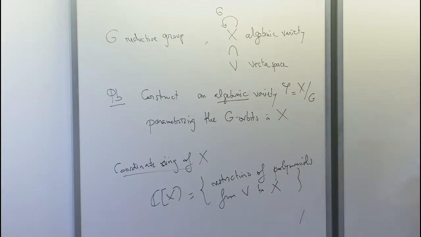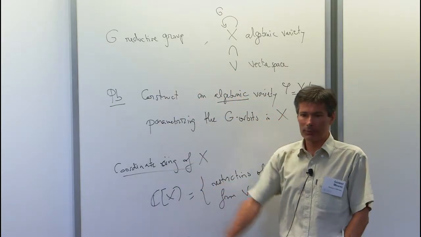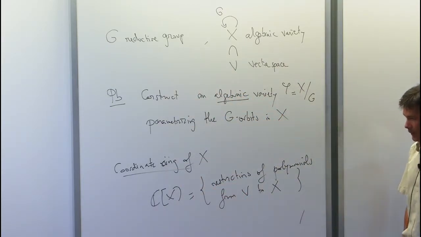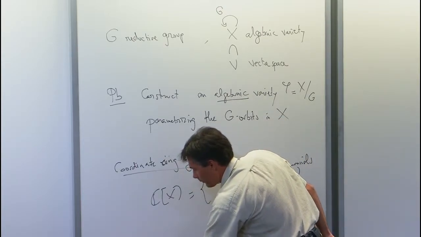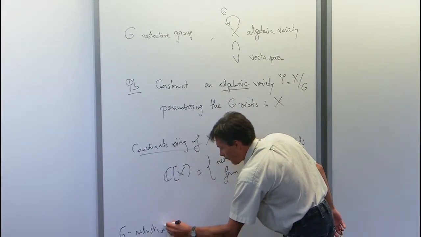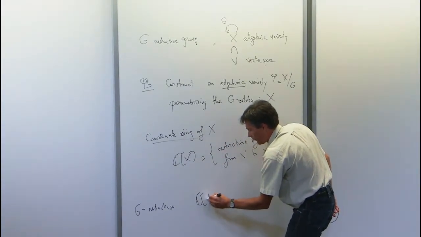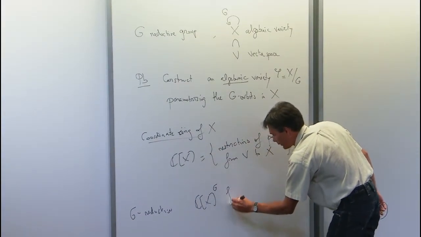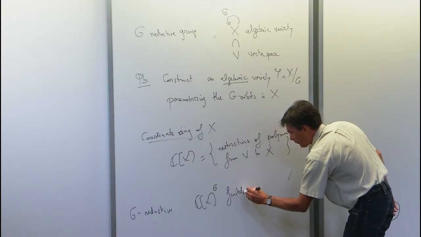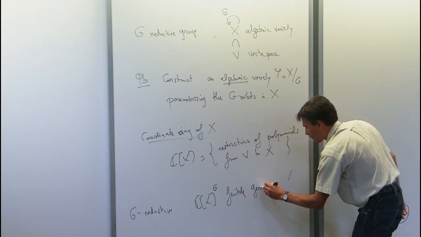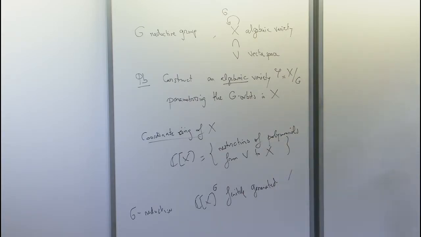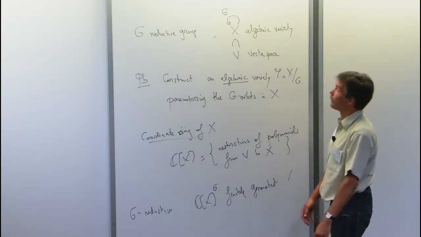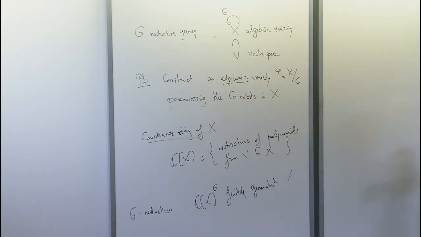By extending the results of Hilbert on finite generation, it follows that if G is reductive, then the invariant algebra itself is finitely generated. This is true for any finitely generated algebra on which G acts.